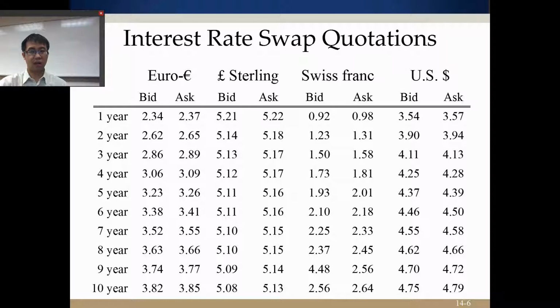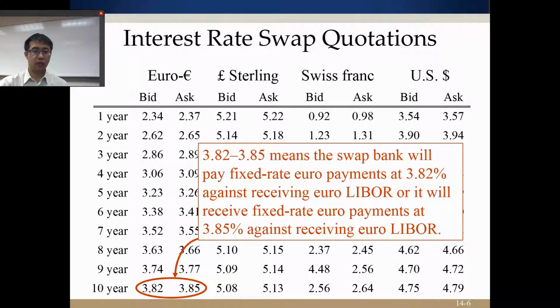You have to pay that amount of interest, which is higher than the bid interest. If you want to get a LIBOR loan in exchange, you have to pay 3.85%. And if you want to sell a LIBOR loan, then you can only receive 3.82% interest payment delivered to you.